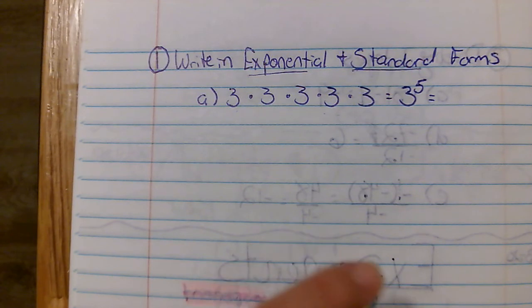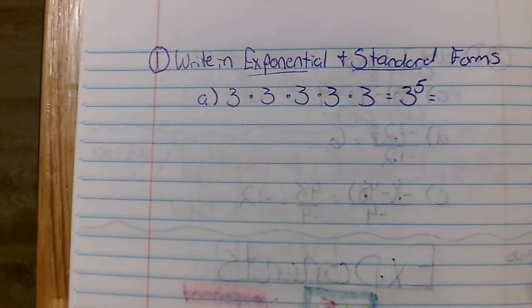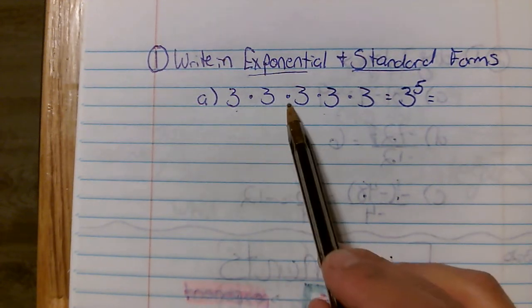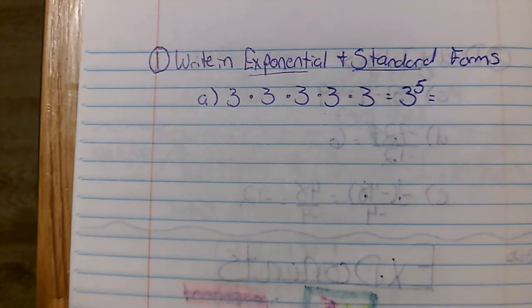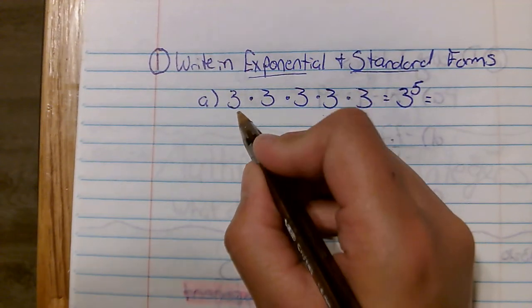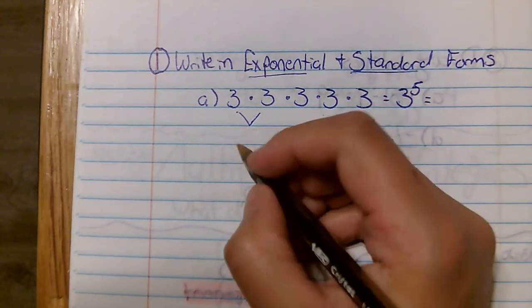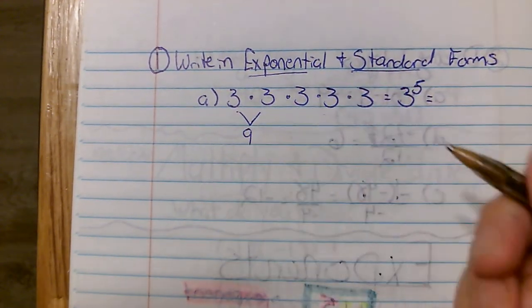So again, you may head to your calculator, because I don't expect you to do this in your heads. However, if you wanted to, it is possible. When I do something like this, I tend to take it in pairs. So what I would do is I would do 3 times 3 first, which would be 9.